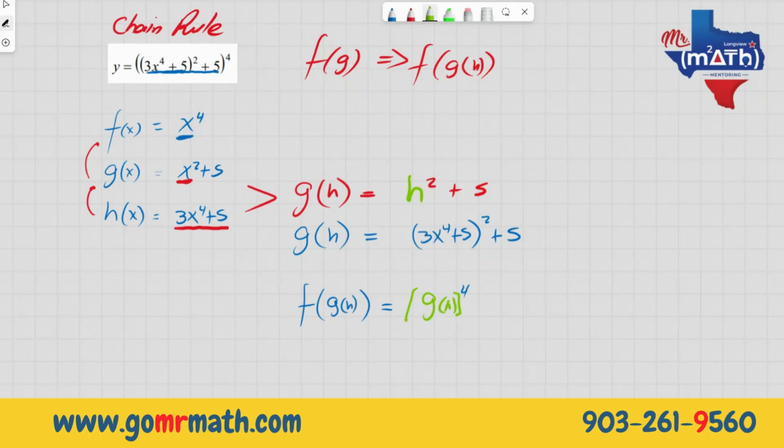Okay, and what is g of h? It's right here. Okay, so f of g of h should be equals to what? Instead of x to the 4th, I will have all this expression, 3x to the 4 plus 5 to the square plus 5, and this elevated to the 4th.